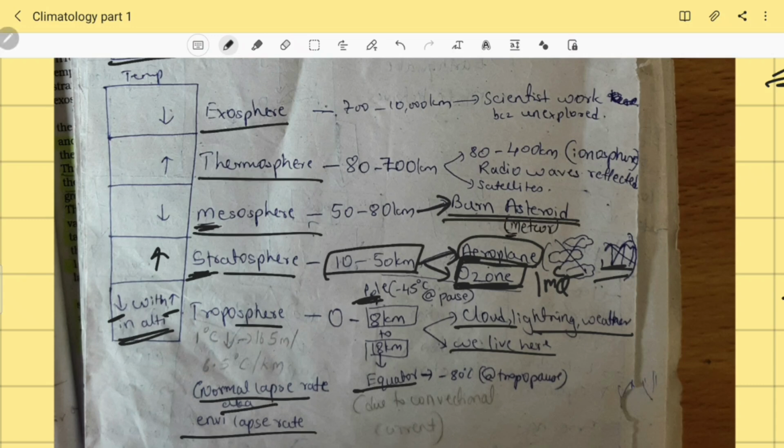If they don't burn completely here, then they hit the earth and form a crater, which we call a crater lake, or just a crater. So that's about the mesosphere. Here also the temperature decreases with increase in height.